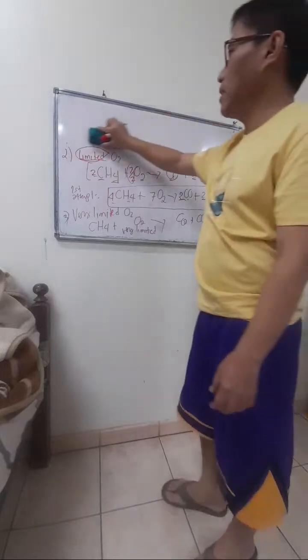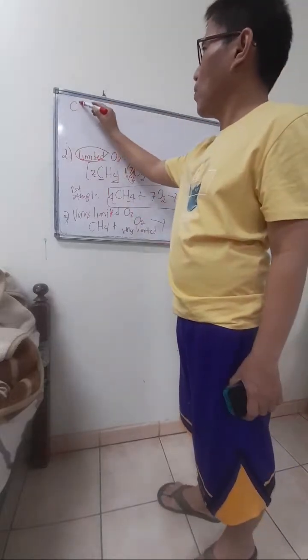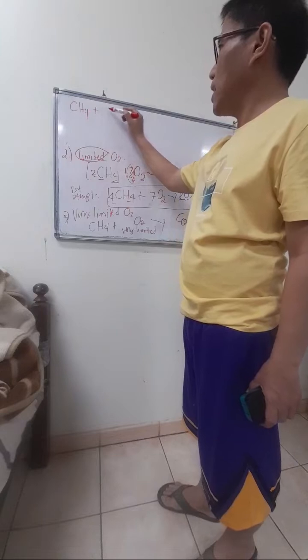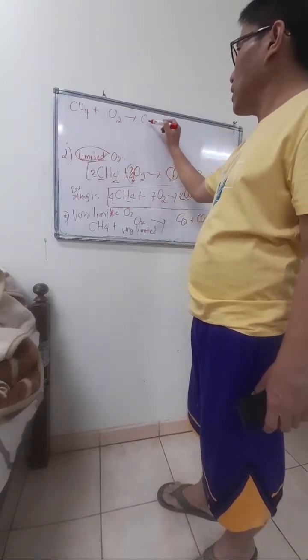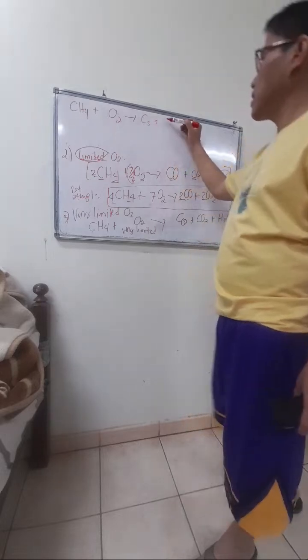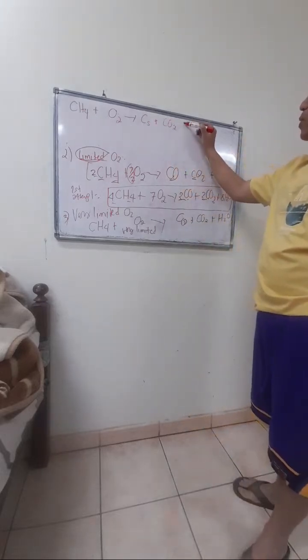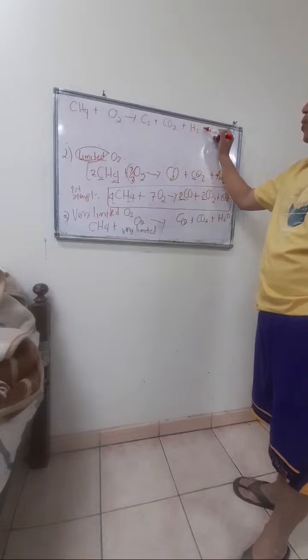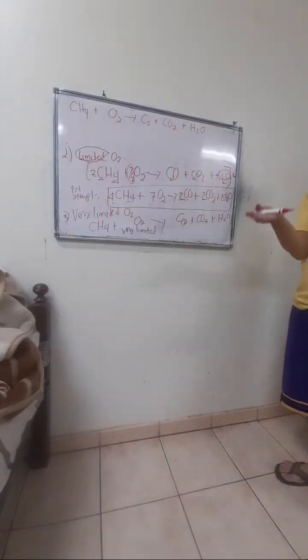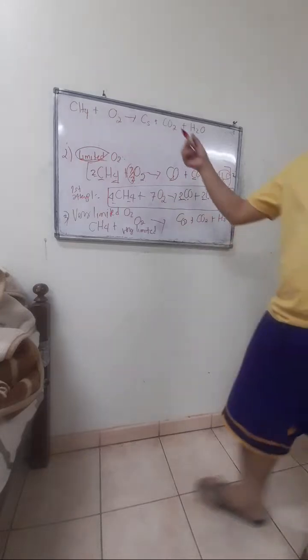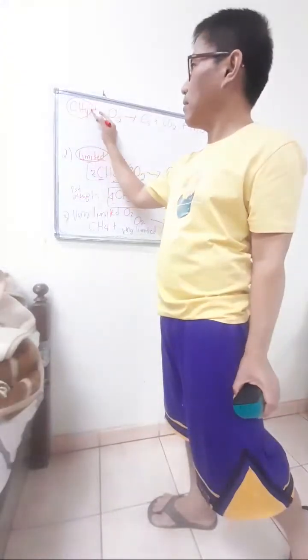So CH4 with very limited oxygen gas equals carbon solid plus CO2 plus H2O. The carbon monoxide is not included because methane has less carbon, only one.